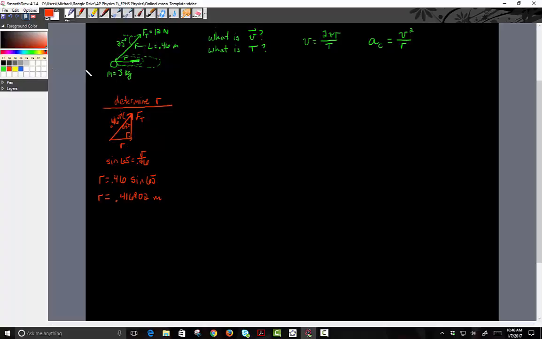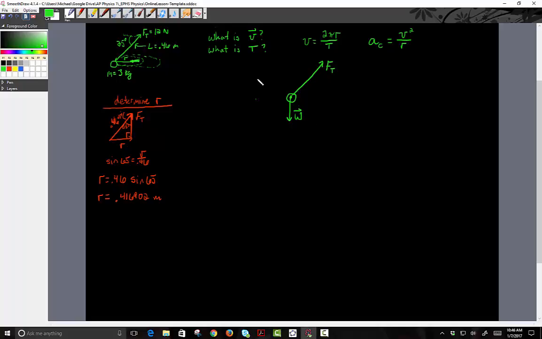So let's start with a force diagram, see what that looks like. So based on this, there's my object, and I have some tension going up in this direction. And of course I have some weight. So those are the two forces.